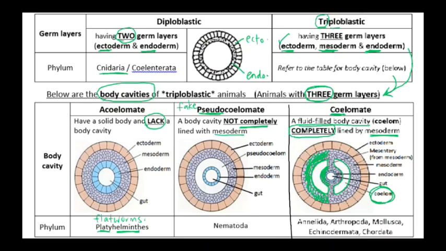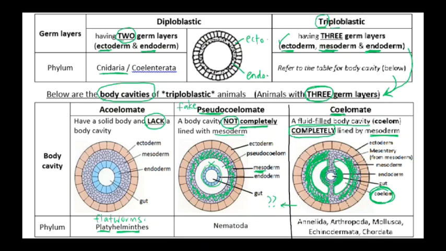So this body cavity is completely lined by the mesoderm on the inner as well as the outer layer of it. Now, let's look at pseudocoelomate. How does pseudocoelomate look? We say it's not completely lined with mesoderm. So, you can see here, only the outside of the cavity is lined with mesoderm. If it's completely lined, it's supposed to have another layer here.